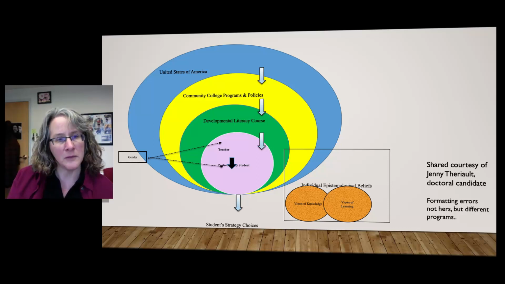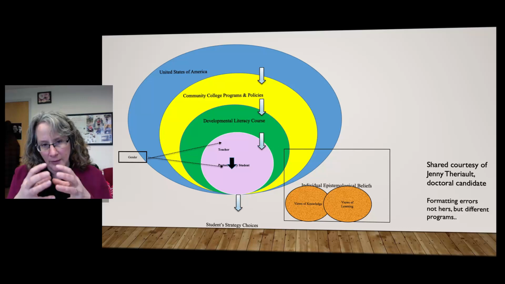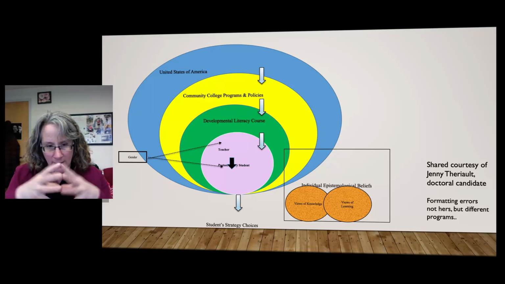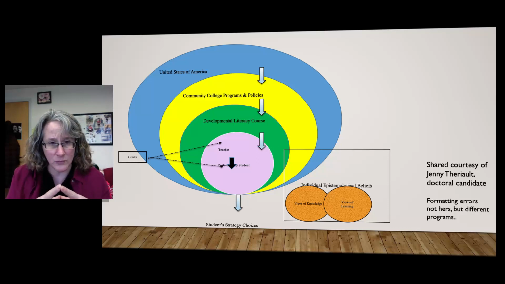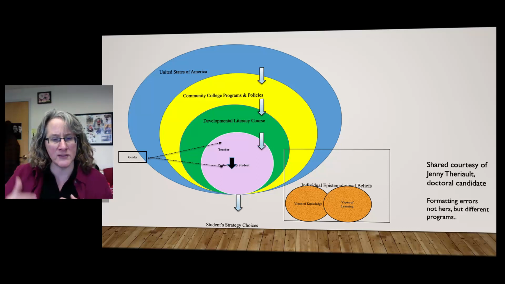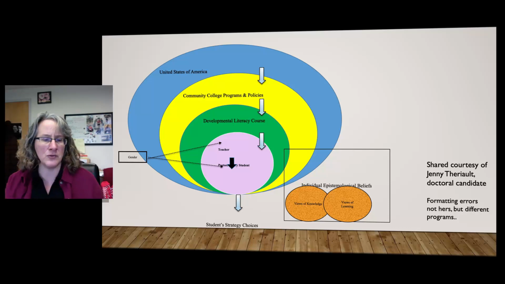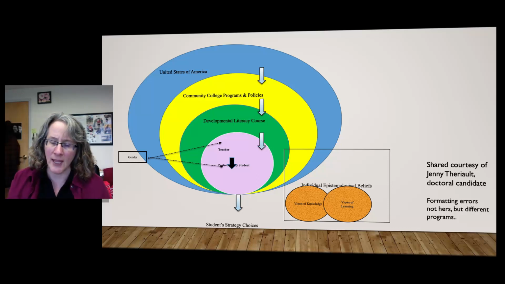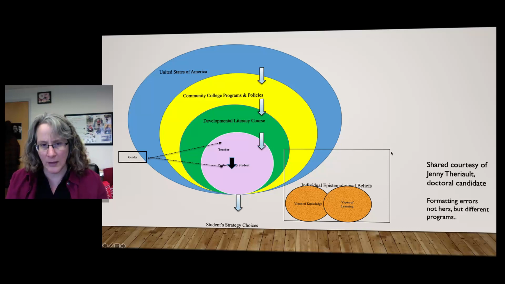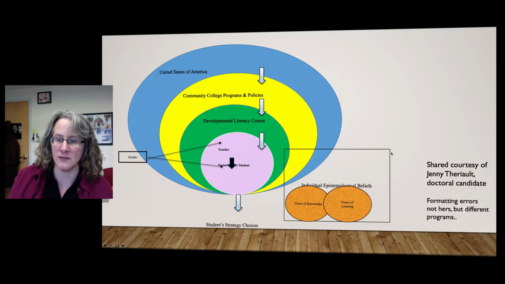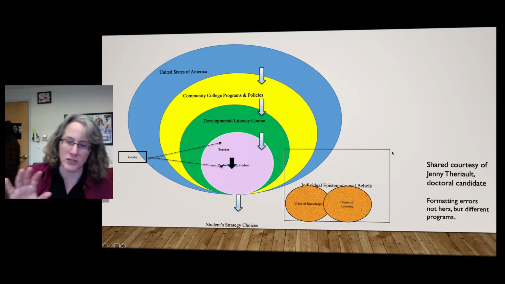But she was trying to highlight the connections between the post-secondary student in a classroom, the developmental literacy, the community college, the United States of America, and how all of those feed into each other to students' strategy choices. And then she had this little additional pull-out box that related to the individual's epistemological beliefs and their relationship to their views of knowledge and their views of learning.